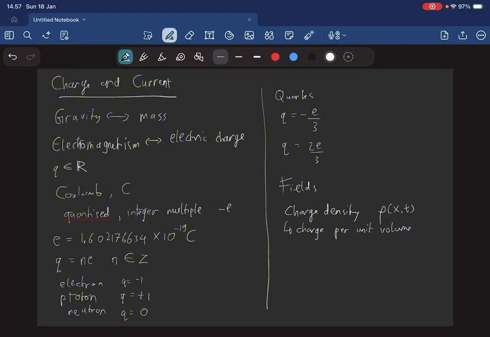The total charge Q in a given region V is simply Q equals the integral over V of rho.